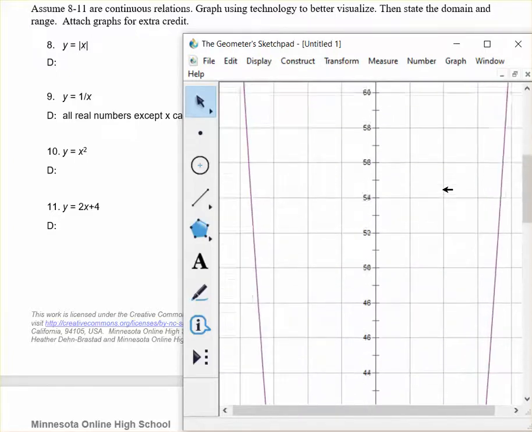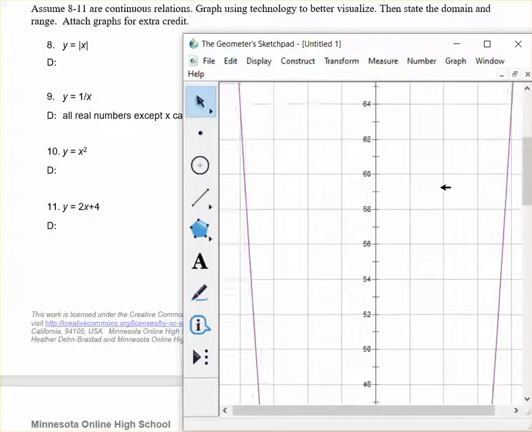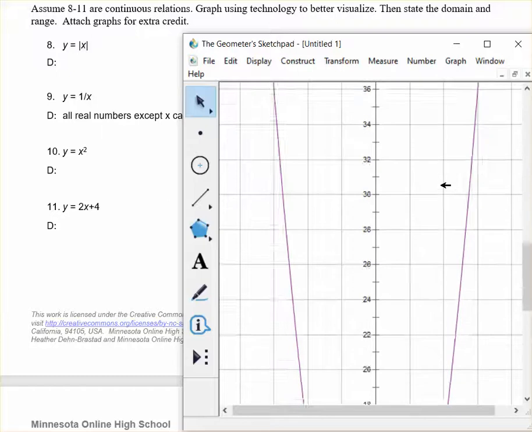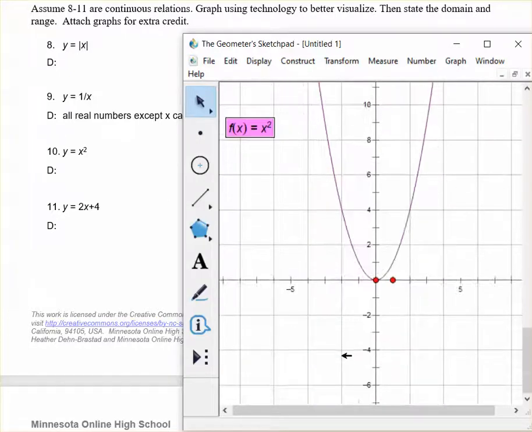There's no limit on what x can be. X can be all real numbers. However, the range is never negative in this function. So you need to say that the y value is always going to be above or equal to 0, much like we did in number 8.